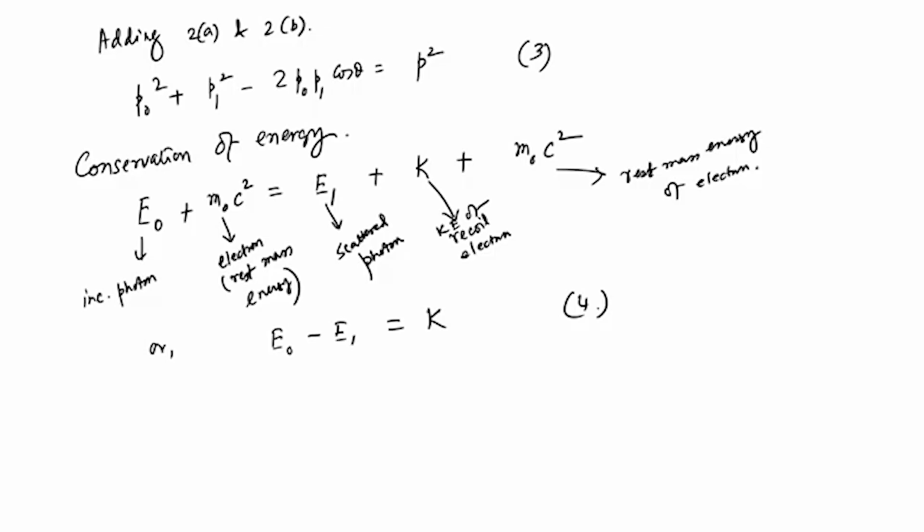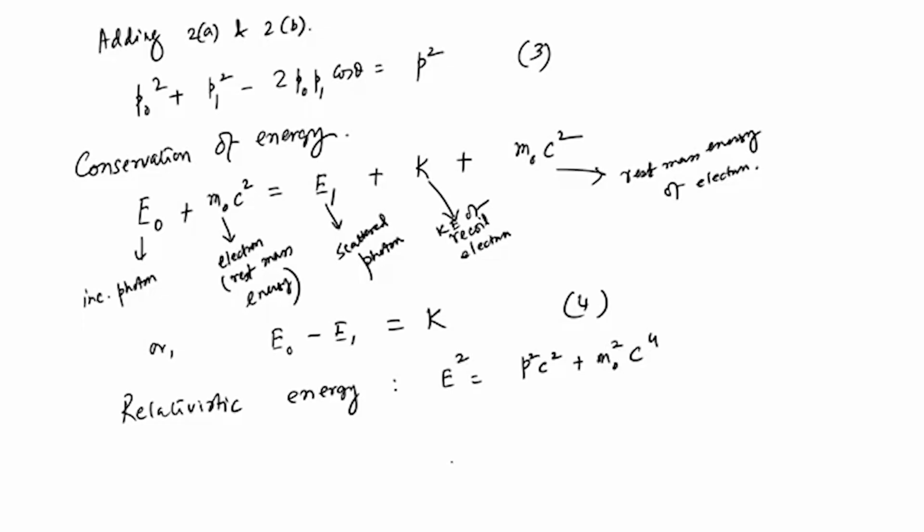Okay. So, the relativistic expression for energy, for a general relativistic particle, is E square equal to P square C square plus, for the electron, m0 square C4.